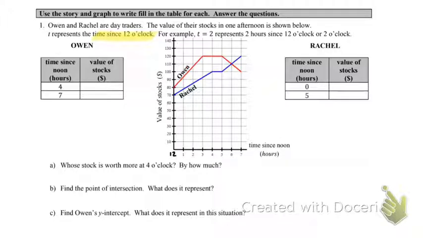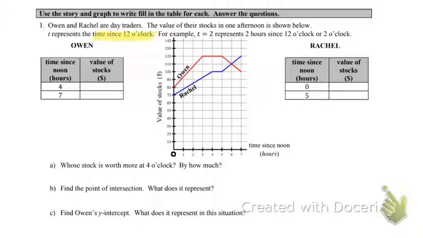One hour after 12 o'clock is 1 o'clock, 2 hours after 12 o'clock is 2 o'clock, and so on. This is how the graph is represented. In other words, 12 o'clock is 0 hours after 12 o'clock. Hopefully that makes sense on how to read this.